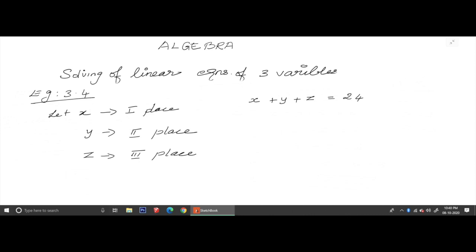Next, second one, securing a total of 56 points is secured when a first place secures 5 points. So, since it is an individual, it is 1x, 1y, 1z. Okay. And here, it is said first place secures 5 points. That is 5x.